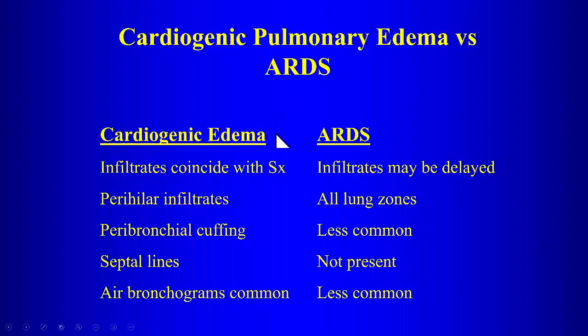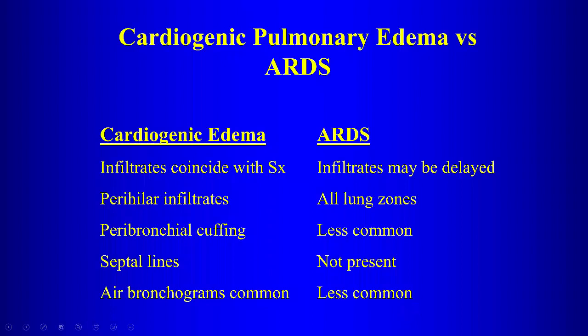Differentiating ARDS from pulmonary edema can be difficult. With pulmonary edema, the infiltrates coincide with symptoms and can be perihilar, whereas here it's all lung zones. We've talked about consolidations being delayed, peribronchial cuffing less common, septal lines usually not present, and air bronchograms less common with ARDS.